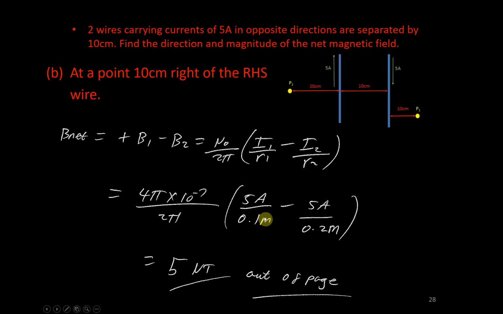So this will be 5 over 0.1 minus 5 over 0.2, which will give us 5 times 10 to the minus 6 Tesla. This is a positive value. Don't take that for granted, and you can even put the plus on here if you want to remind yourself. And this is out of the page, or out of the screen.